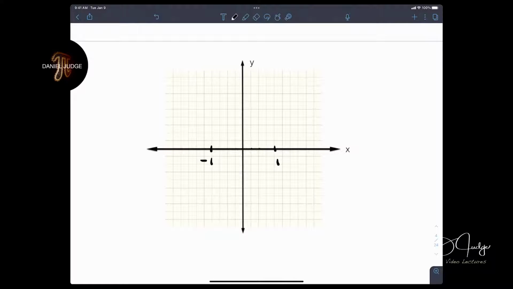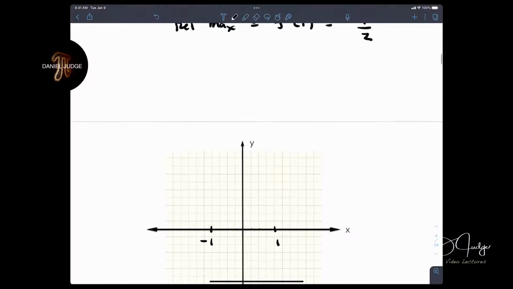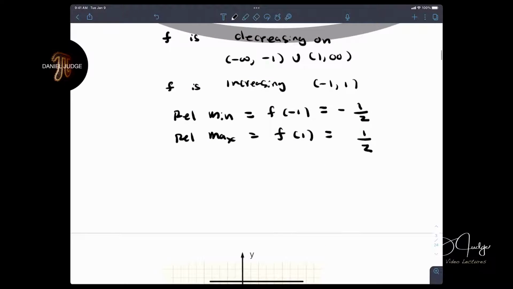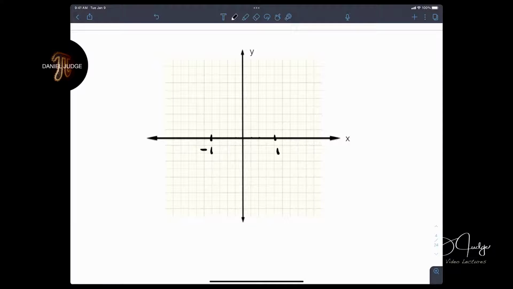This is where we have those x values for relative min, relative max. But the relative min at -1 is -1/2. So if each one of these lines, well, every 2 lines is 1. So this will be -1, -2, +1, +2, -1, 1/2 would be right in here. And then +1, 1/2 would be here, since this is 1 and 2 and -1 and -2. So we have these locations here.